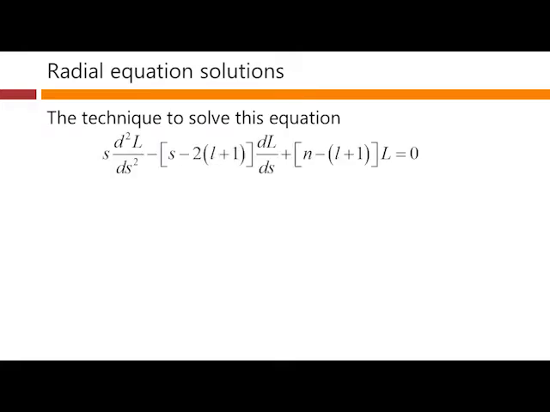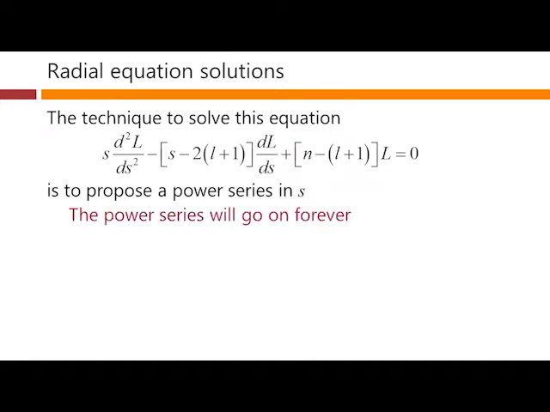Now, that equation can be solved by a technique known as series solution of differential equations. And basically what one does is propose that there's some power series in this variable s, and then substitute that in here for this function L and see what happens. The key thing we have to do is find a way of setting up that power series so that it does not go on forever.